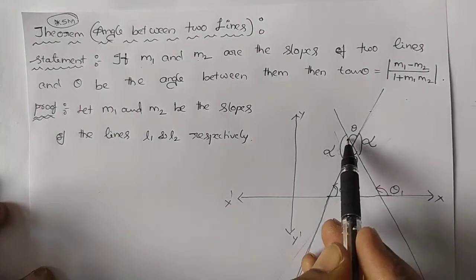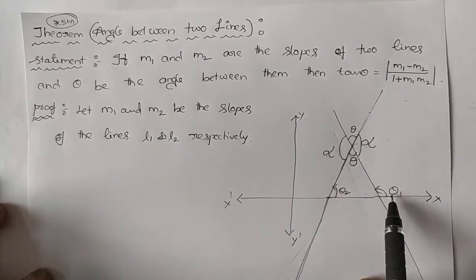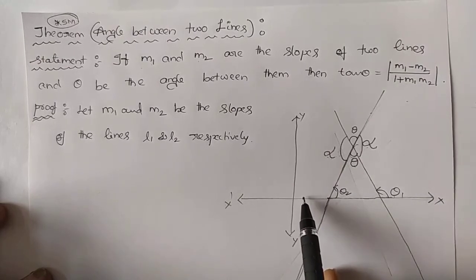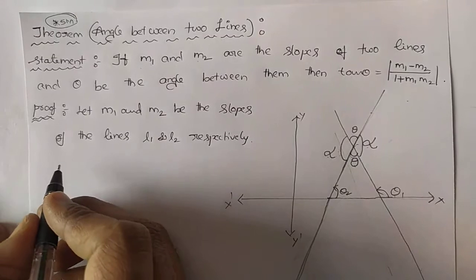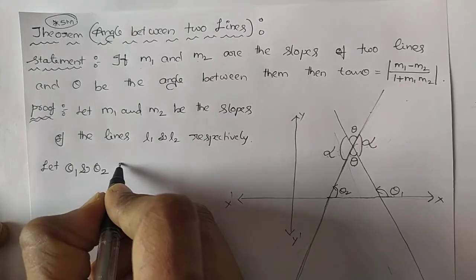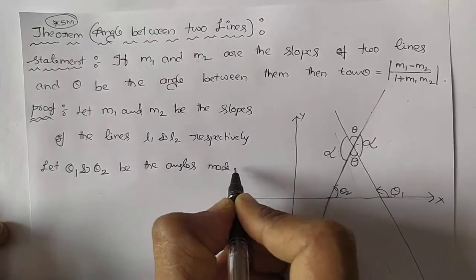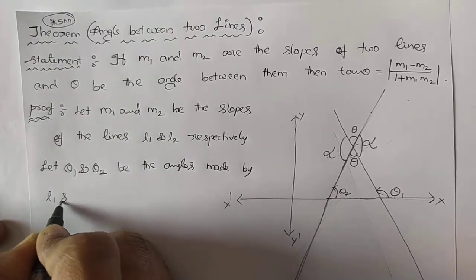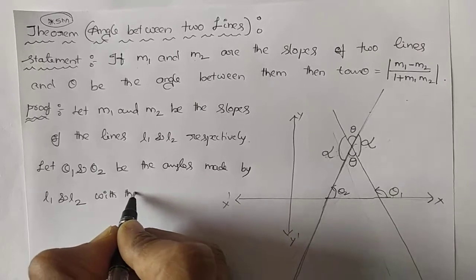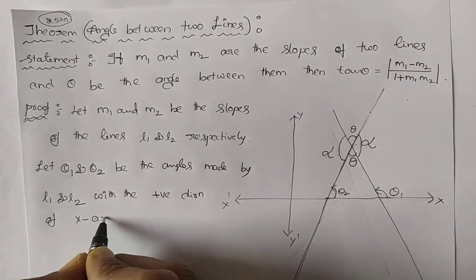Next, let theta 1 and theta 2 be the angles made by the lines L1 and L2 with the positive direction of the x-axis.